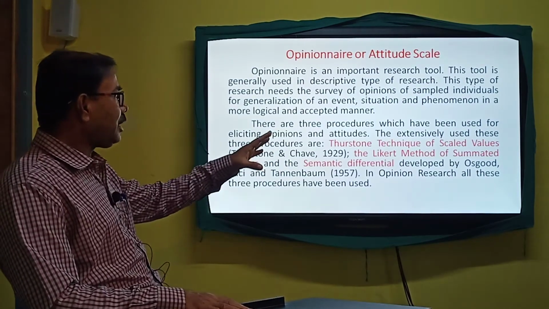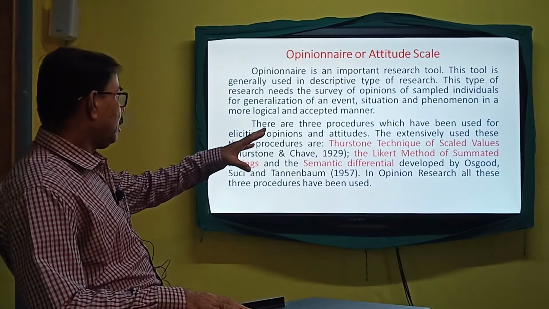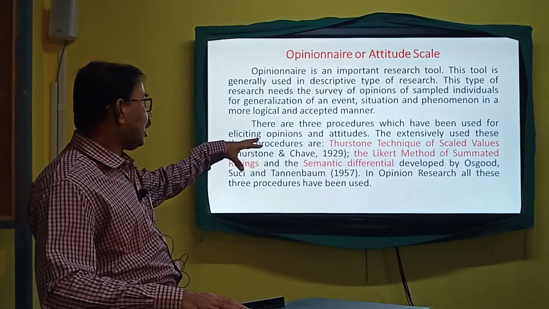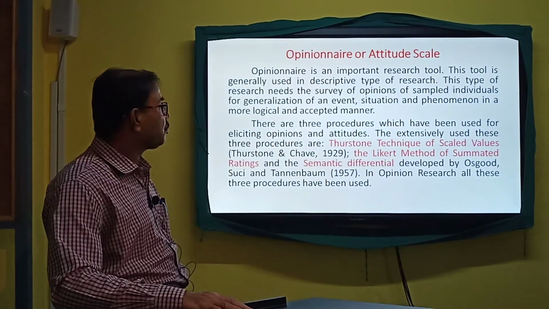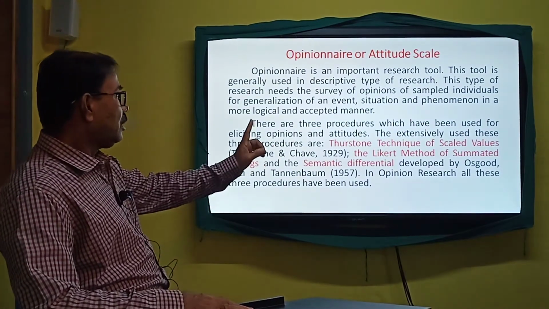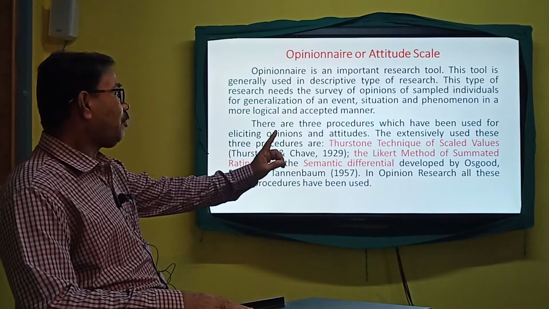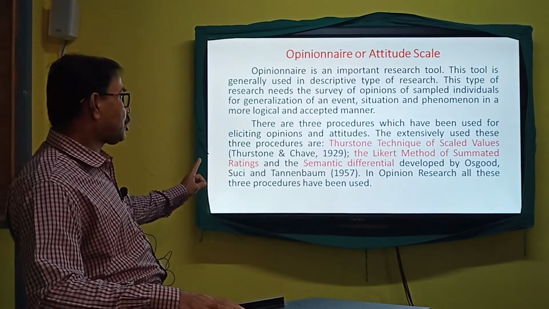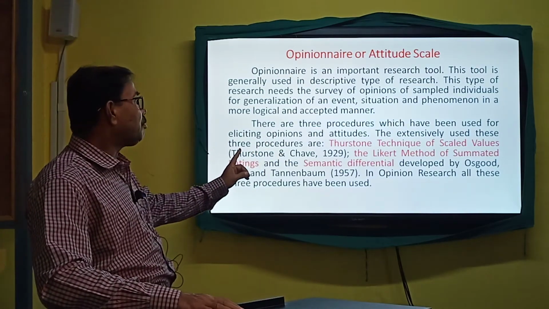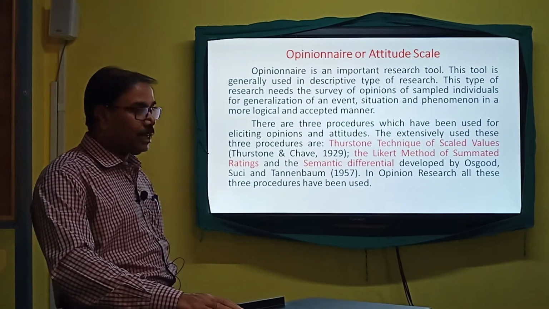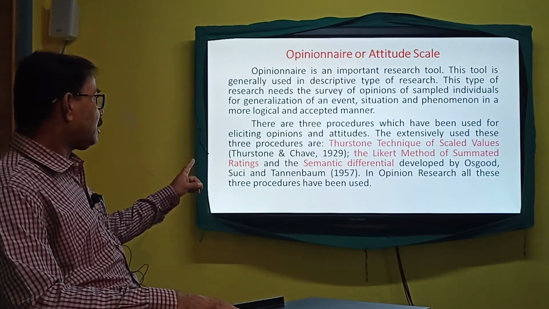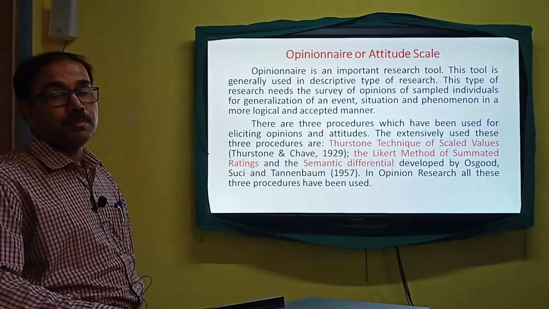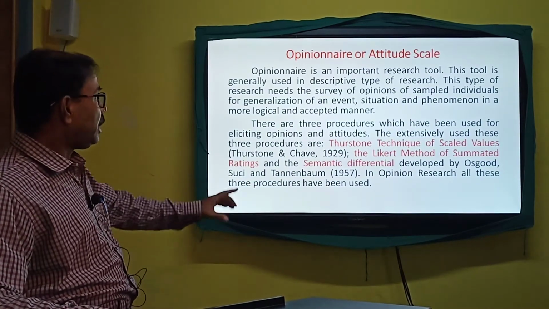The extensively used procedures are the Thurstone technique of scaled values, the Likert method of summated ratings, and the semantic differential developed by Osgood, Suci, and Tannenbaum.